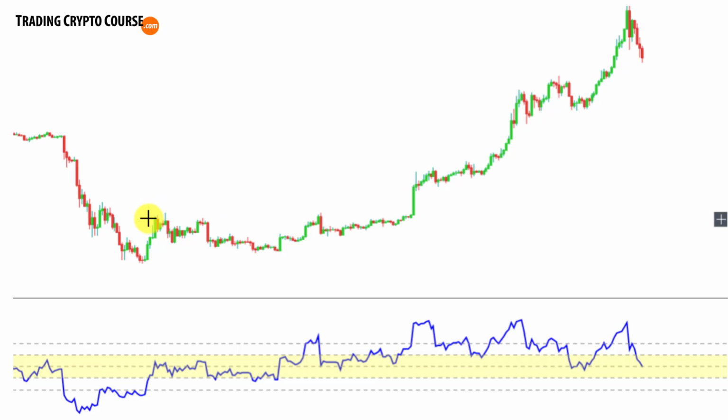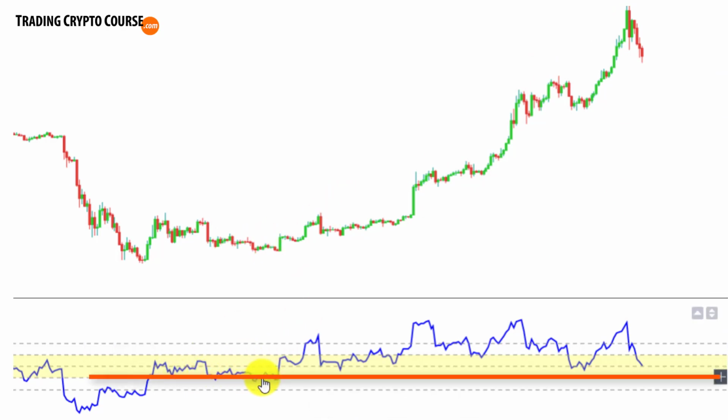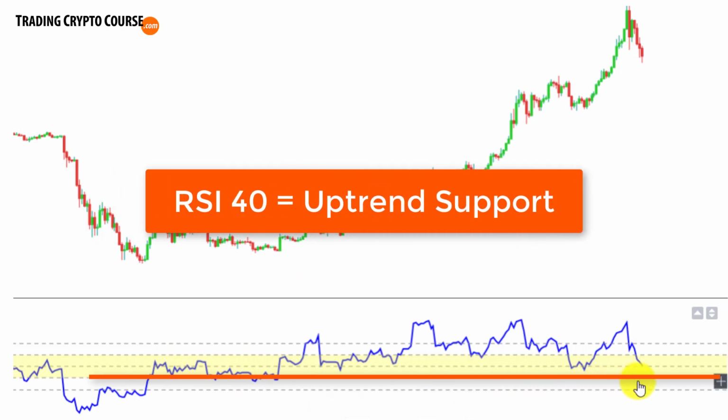What we now need is price to break above this level. And you see when that happened, we got an uptrend, a strong uptrend. And in an uptrend, I regard the 40 line, RSI 40, as the support level.